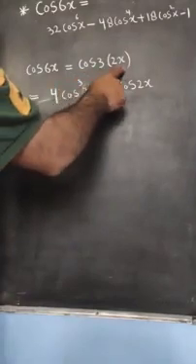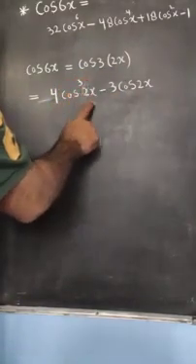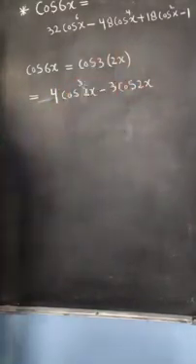So cosine 3 theta is 4 times cosine cube theta minus 3 times cosine theta.